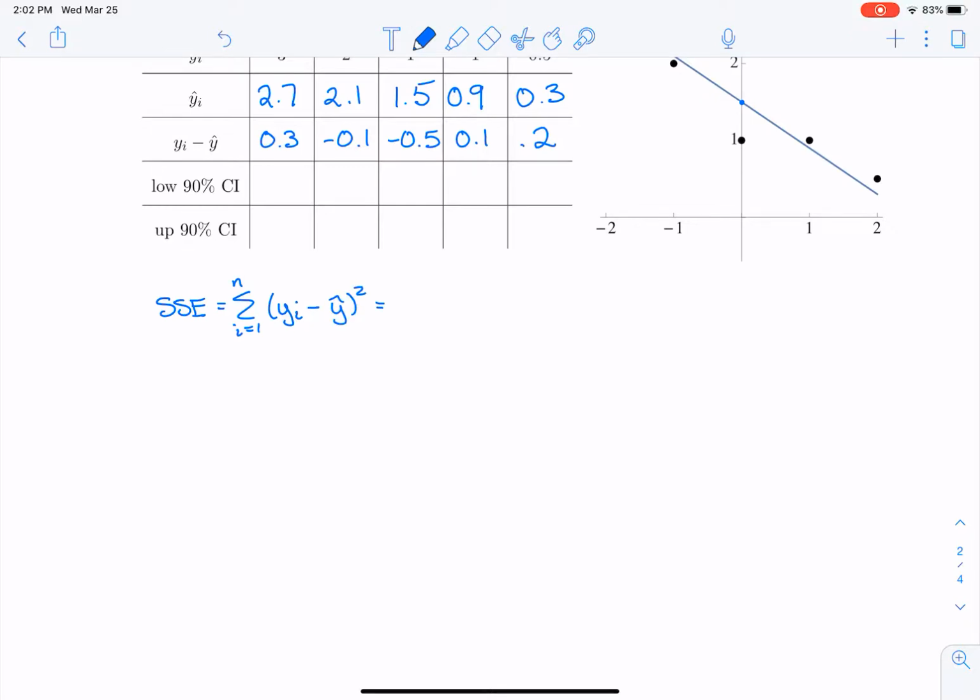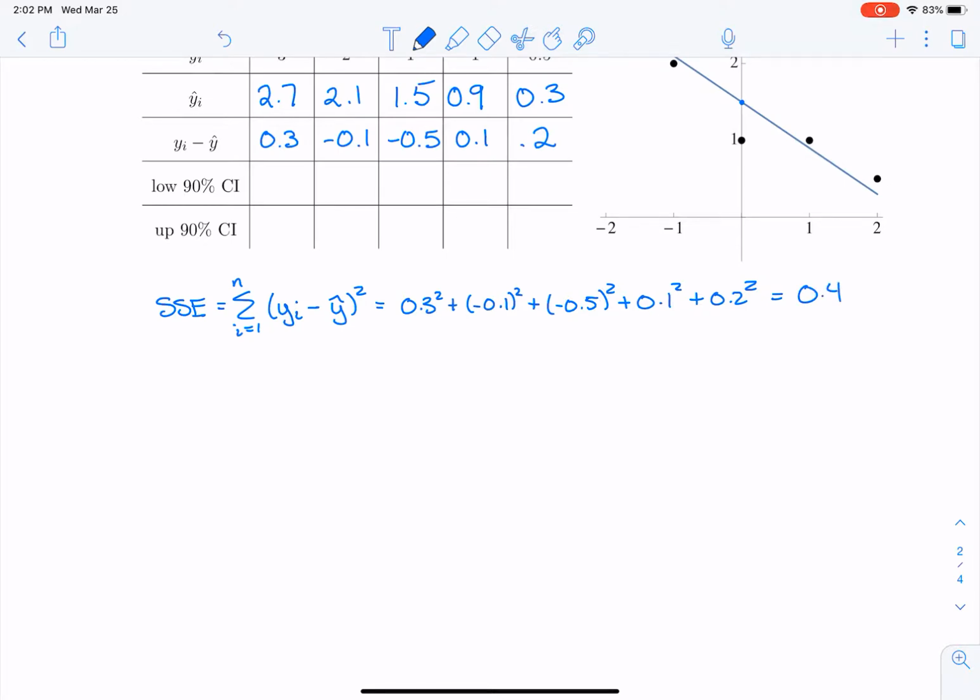And so that's going to be 0.3 squared plus negative 0.1 squared plus negative 0.5 squared plus 0.1 squared plus 0.2 squared. And if we sum all that up, we're actually going to get 0.4.